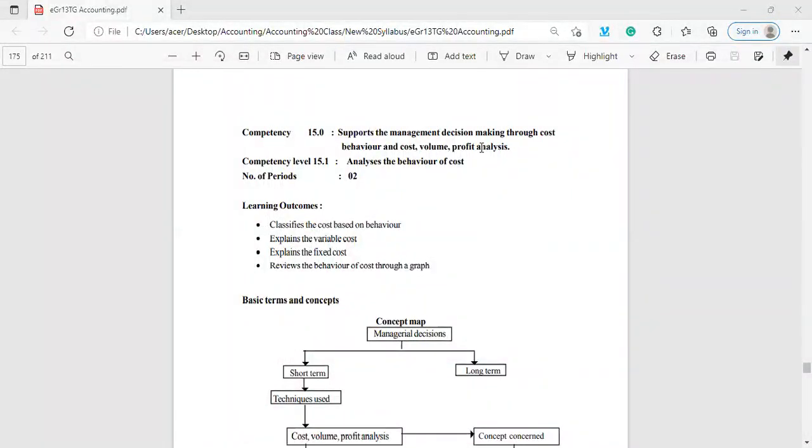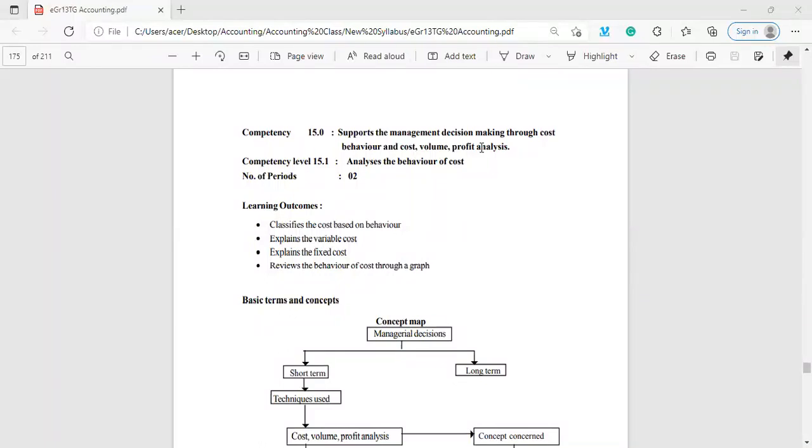Behavior means how it changes, right? If it doesn't change with the unit of output, the quantity, it's the fixed cost. And if it changes with the unit of output, the quantity that you are producing, we say it is variable cost. That is a classification based on the cost behavior.